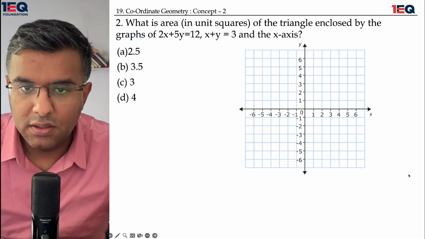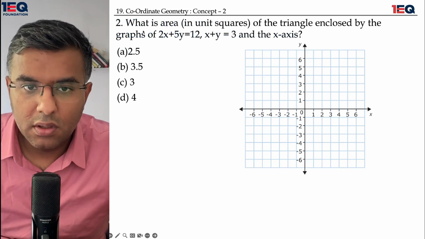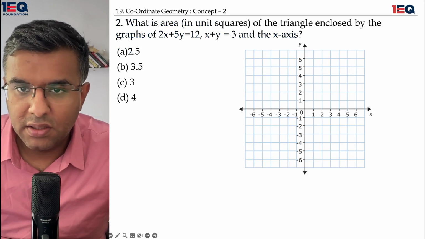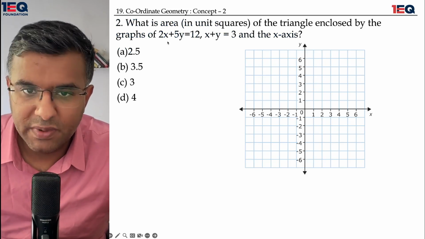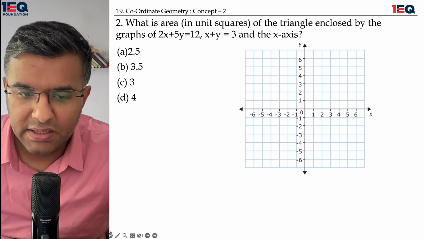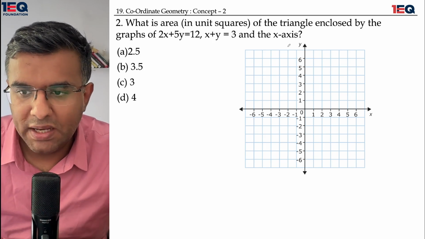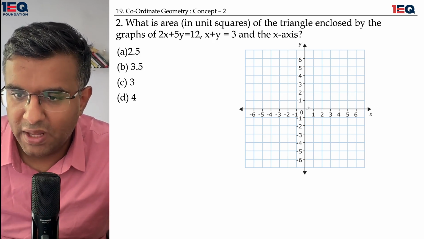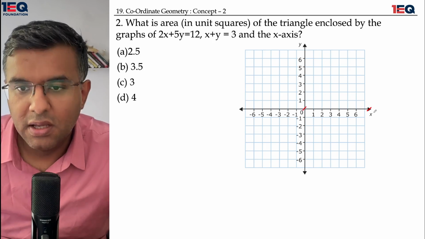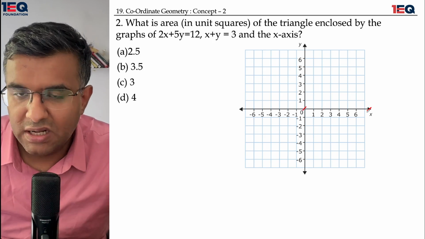So yes, the question comes here. It says, what is the area in square units of the triangle enclosed by the graphs of this, and the x-axis? So we have 2 equations and 1 x-axis. The x-axis is going to lie here, starting from this 0 point till infinity. So we'll be considering this line to be the third line.